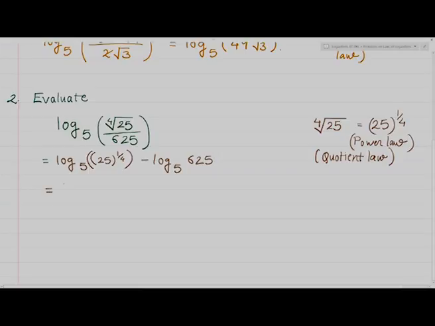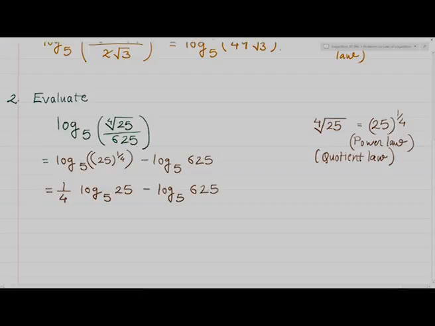This is equal to, log to the base a of m raised to n is n times log to the base a of m. I am using that rule, which is my power law. Now, here are two ways to handle this.